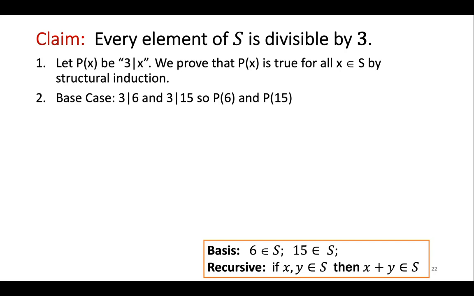Here is our claim. Let P of x be 3 divides x. For the base case, we know those two: 3 divides 6, 3 divides 15. Yes, we know they are true.